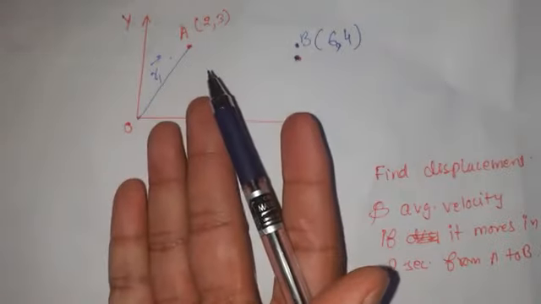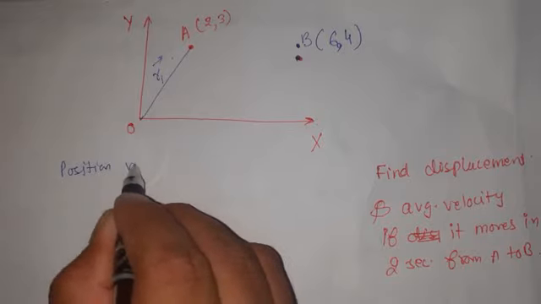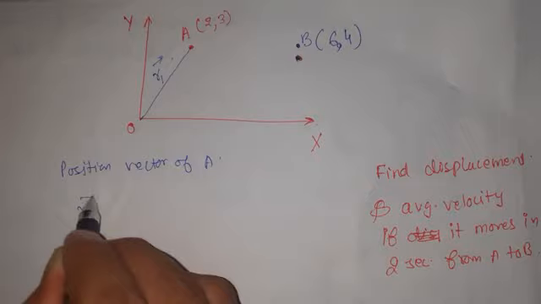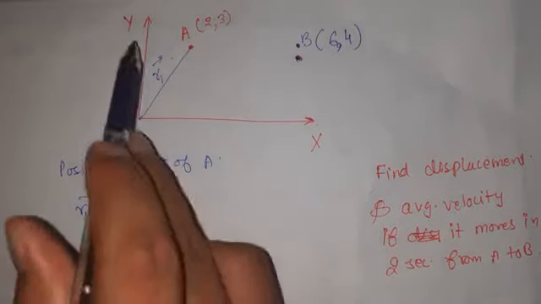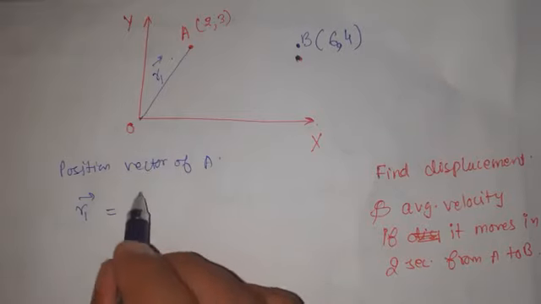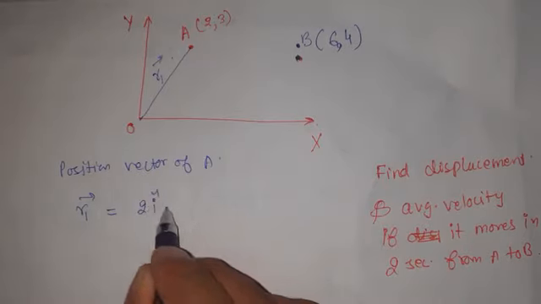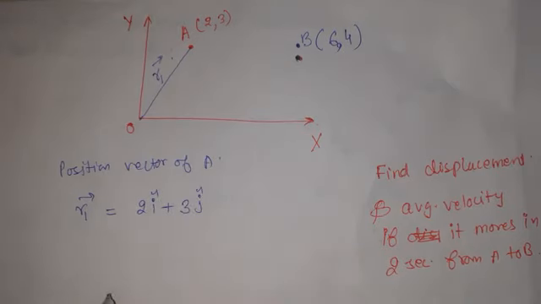ठीक है. So therefore this will be position vector of A. So this is written by r1, and which is equal to now two axes which are there, x axis and y axis. तो इसलिए जो 2 है it is that magnitude along x axis, while this 3 it is the magnitude along y axis.